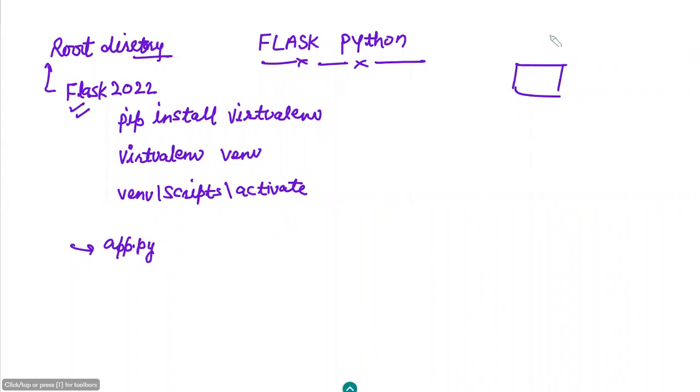First of all, do one more thing: after creating the environment and before creating this file, you need to install Flask. Just type a short command, that is pip install Flask. After writing this command, Flask will be installed in this environment.